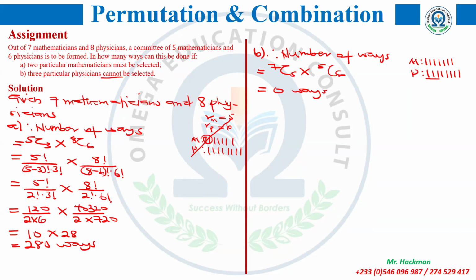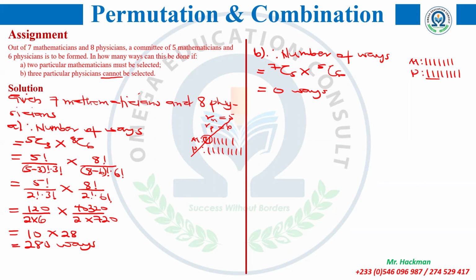Is my point well made? Yes, please. So take notes. Those of you who are getting negative and what have you, there shouldn't be negative in your answer. Your number of ways cannot be a fraction. Number of ways should be a positive whole number.